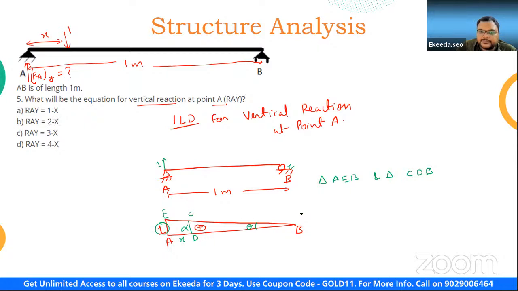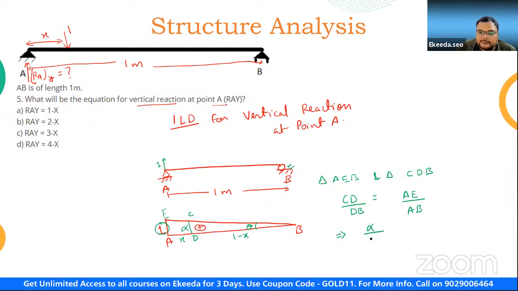Because theta is same. So we will write CD upon DB. What will be this DB? This will be 1 minus x. So this CD upon this DB will be equal to AE upon AB, right?